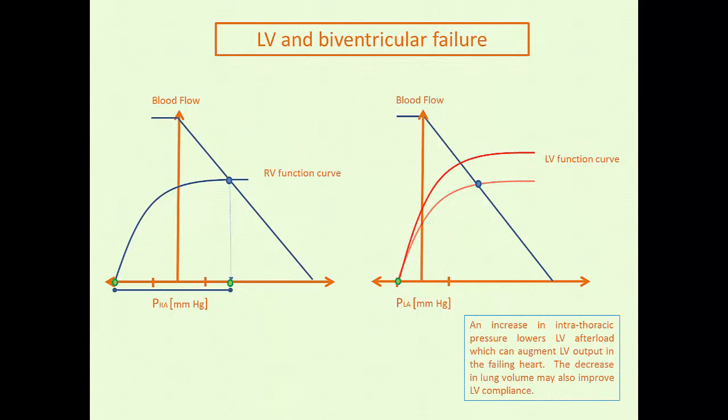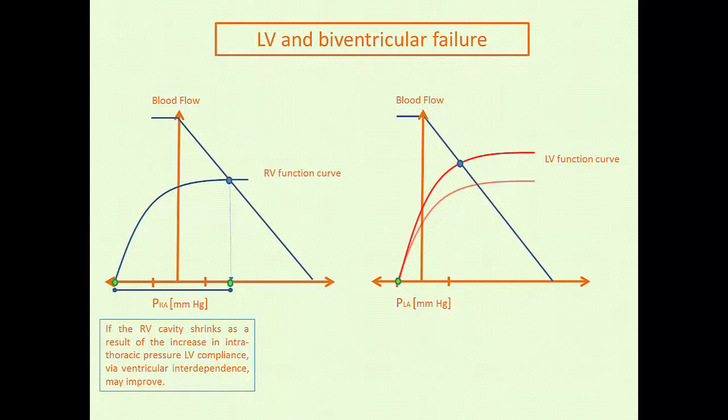But an increase in intrathoracic pressure during expiration lowers left ventricular afterload, which can augment the output of the failing heart. There's also a decrease in lung volume, which can improve LV compliance and further mimic that physiology. So you have an increase in left ventricular output during an increase in intrathoracic pressure that you get with expiration, especially if it's a forced expiration.